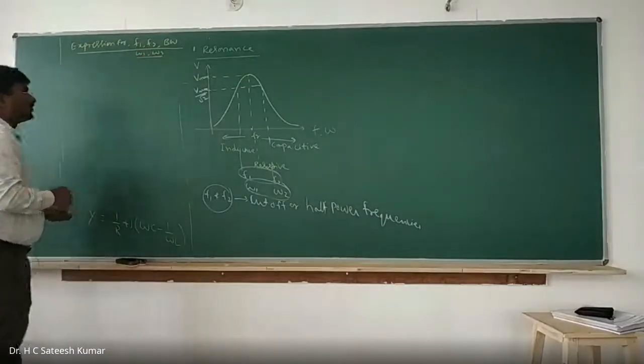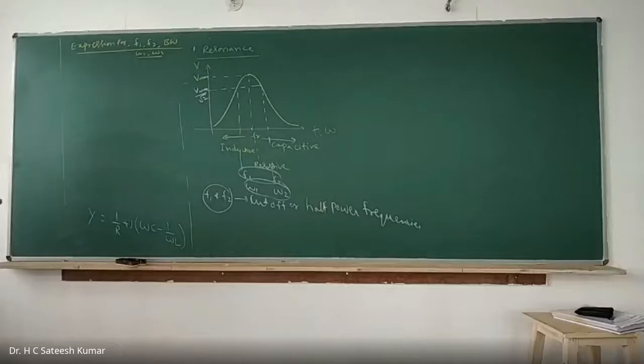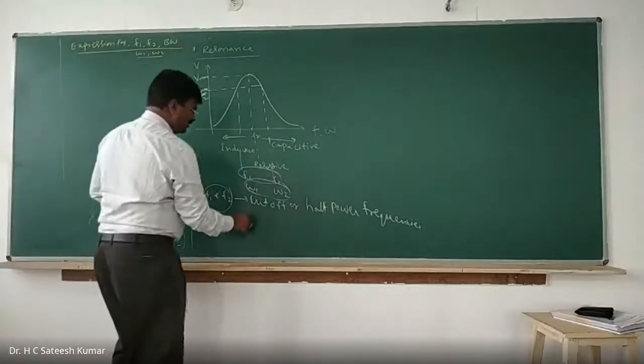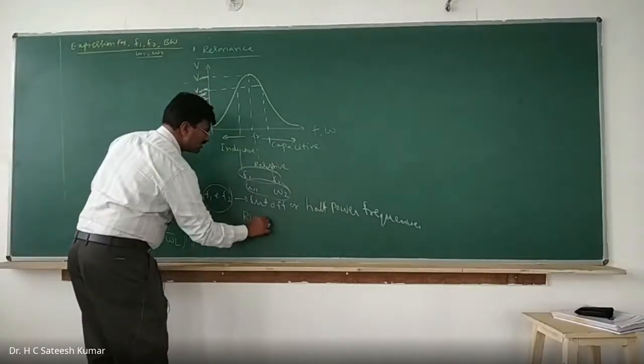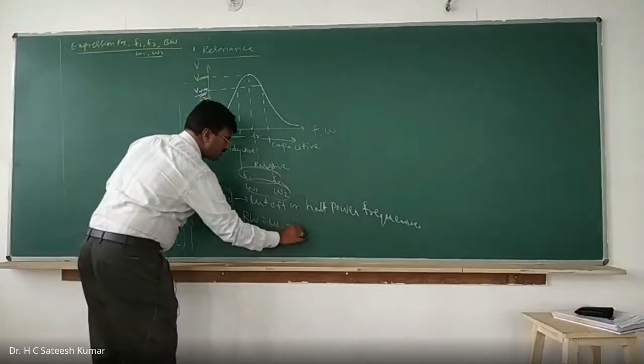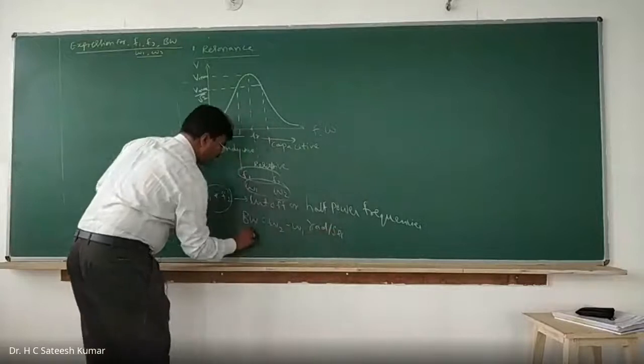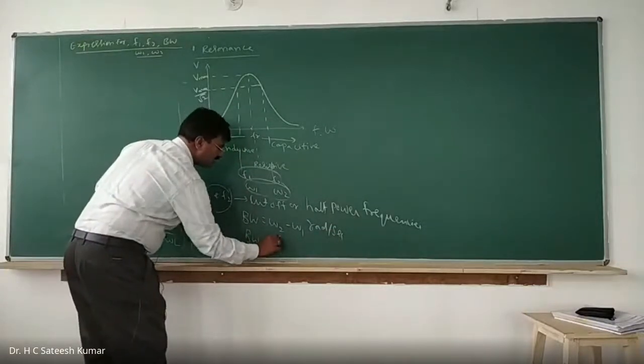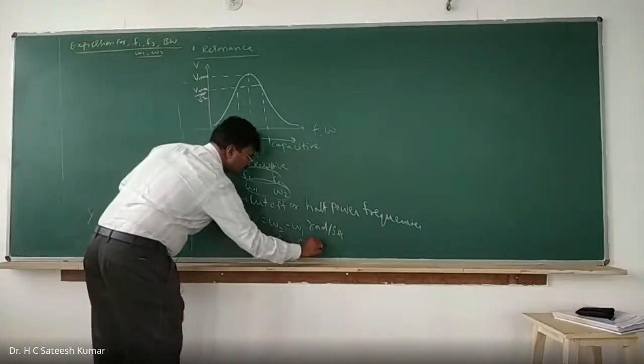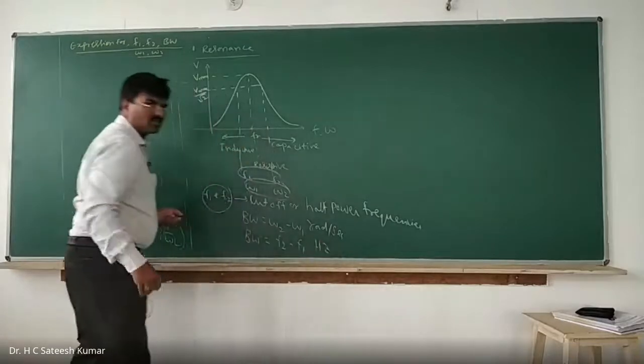In terms of omega 1, omega 2 also, bandwidth we can calculate. And what is this bandwidth here? Bandwidth is equal to omega 2 minus omega 1 radians per second, or if you write the bandwidth in terms of frequencies, F2 minus F1 hertz. We can use this also, right?